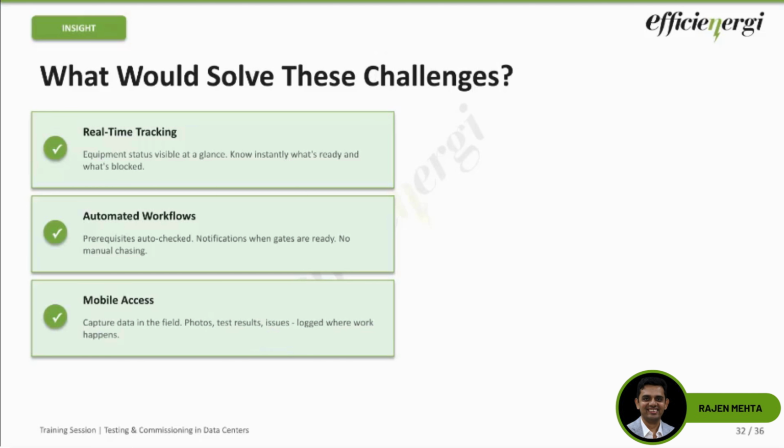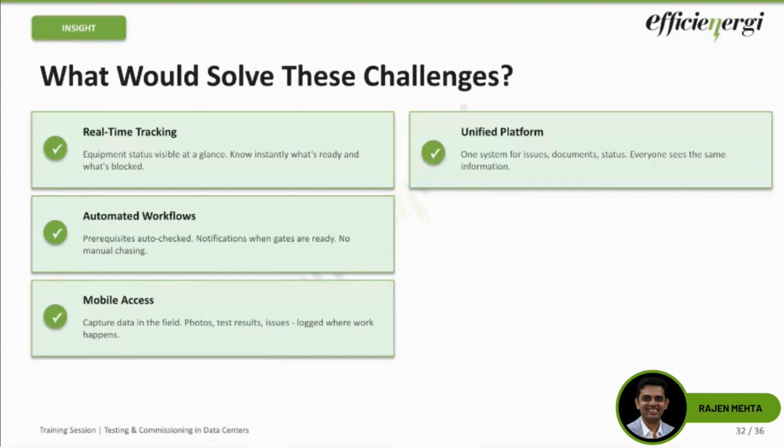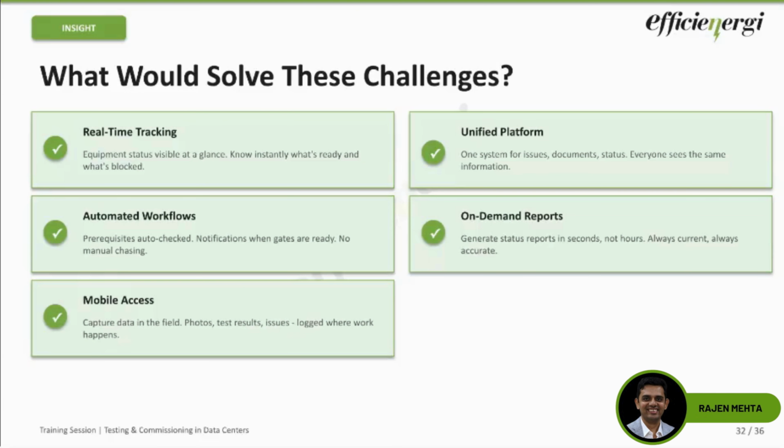If everybody has data on their mobile phones, everything is available. A unified platform, which is one system for everything. Issues, documents, equipment status, everything is available over there. No more spreadsheet reconciliation required. On-demand reports, where you can click a button to get a report on demand, or on a schedule that you require.